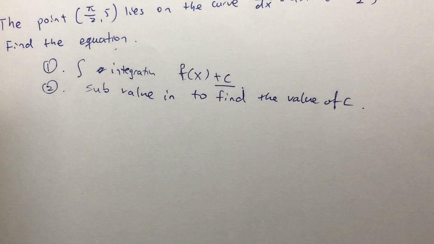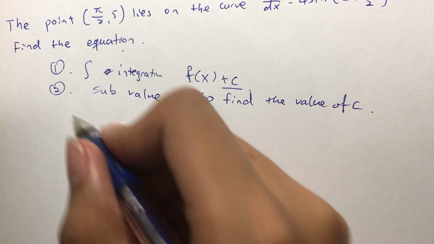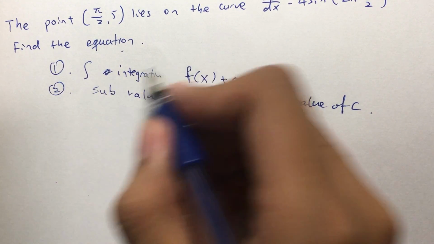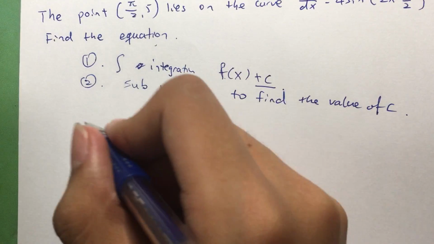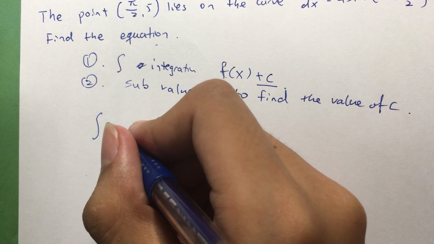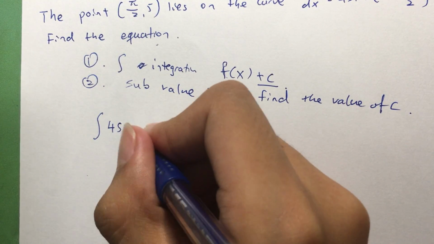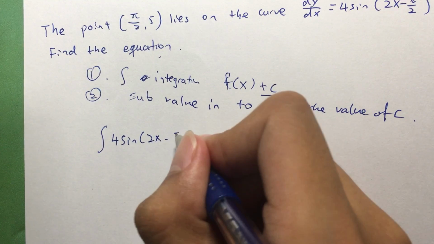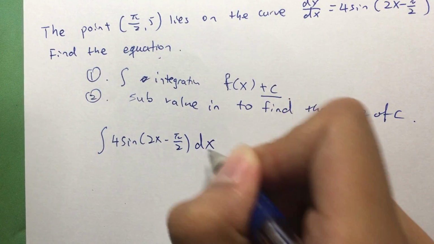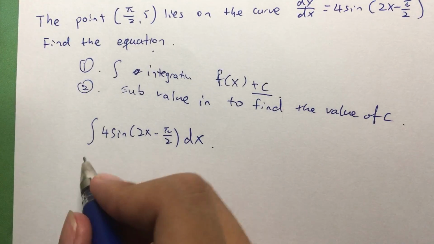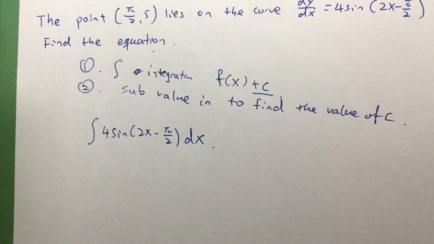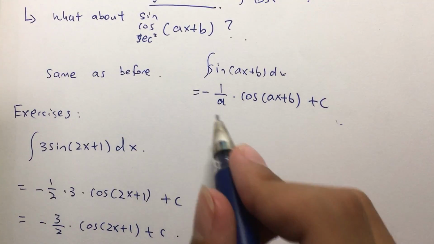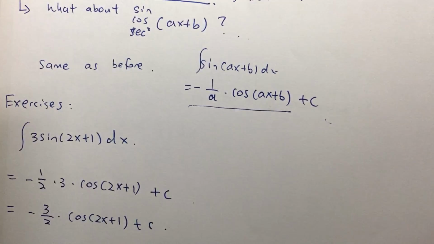Following these two steps, let's do this. Firstly, let's write the integration of 4 sine 2x minus pi over 2 dx. It's an expression where we should apply this formula.